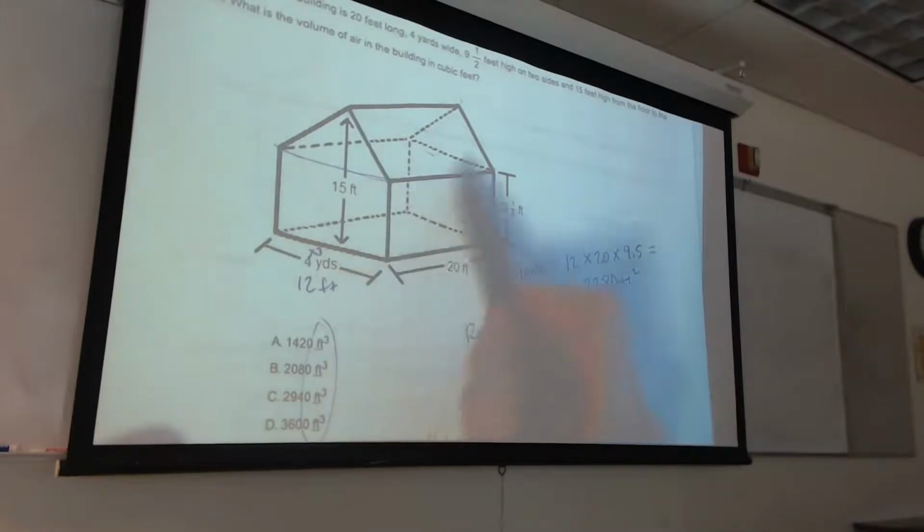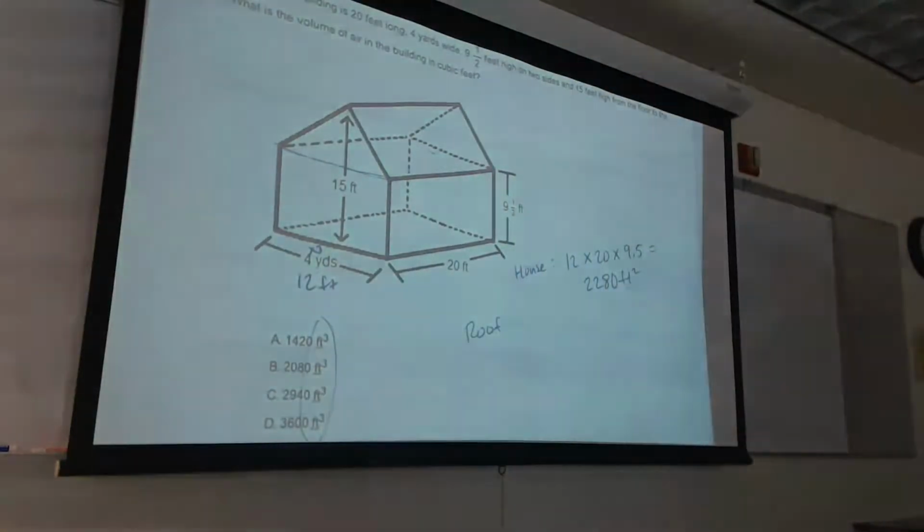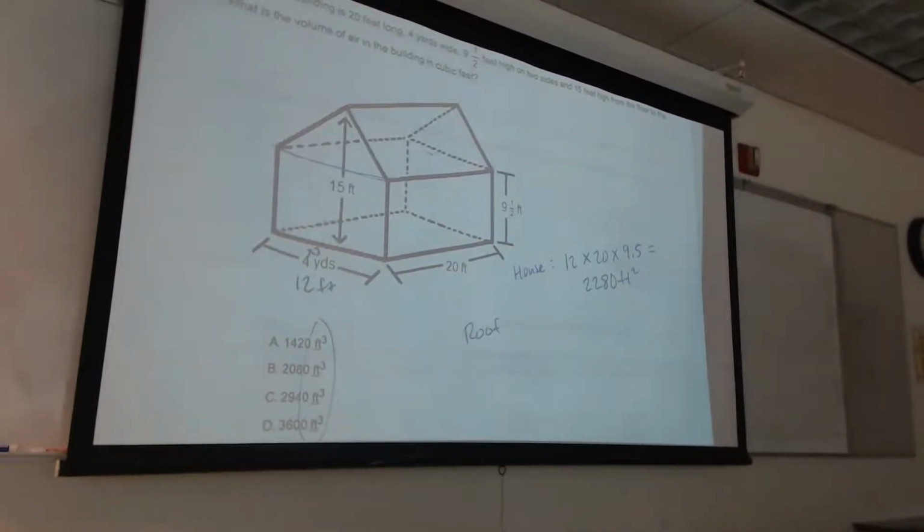So we've got this triangular prism. What is the volume formula for a prism on your reference sheet? And it's a capital B, right? Volume equals B times H.